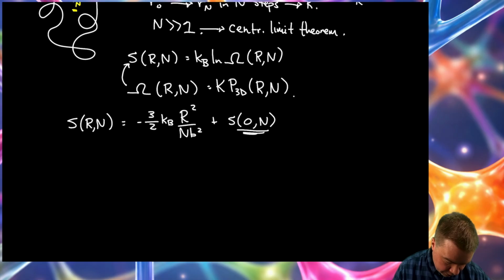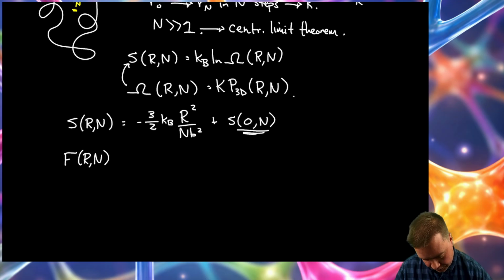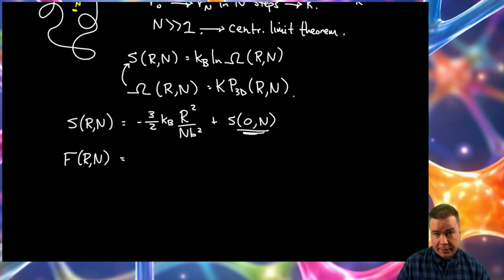And at the same time, we know that the free energy of a polymer chain with size r and n segments, because we're not looking at the energetic term in this case, well, maybe I'll hold off on saying that right now. If we're just looking at the free energy, let's start there.